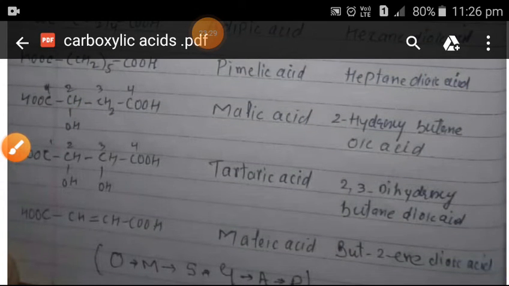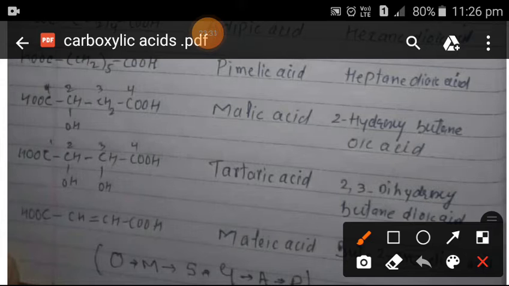So here there is another molecule. This is called tartaric acid. Tartaric acid is actually the common name, the more familiar name of the molecule. So what is the IUPAC name of the compound? By just giving the numbering 1, 2, 3, 4, there are 2 hydroxyl groups. Now you write the name of the compound, first the prefix.